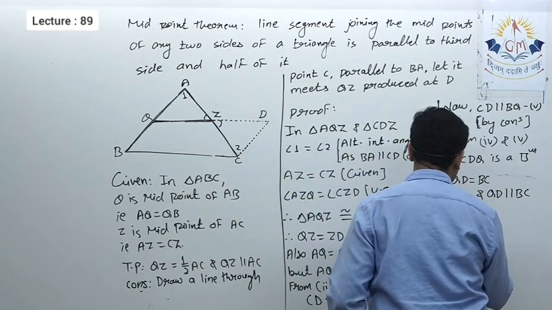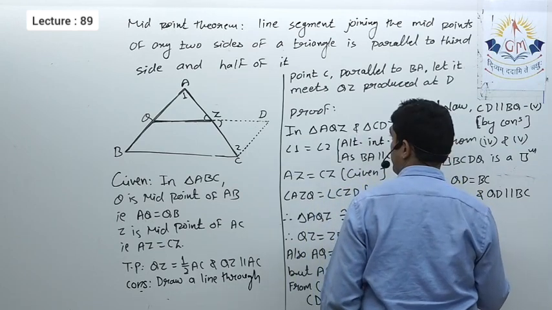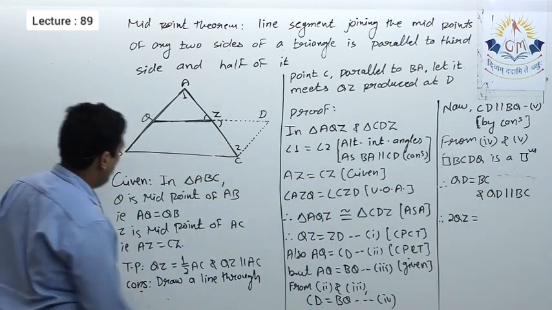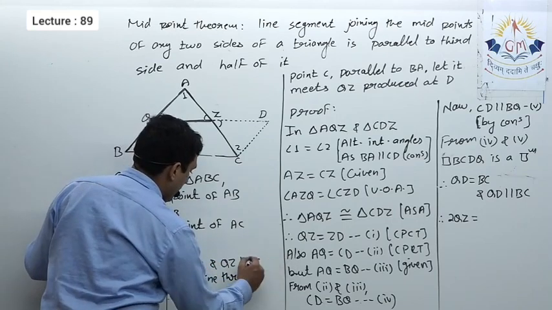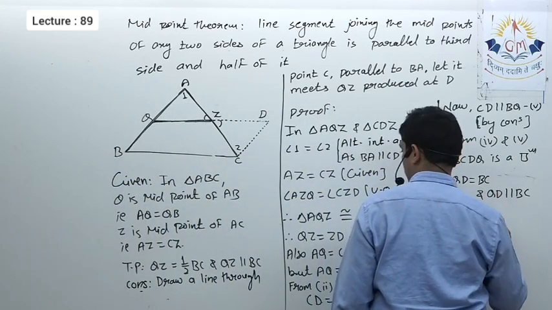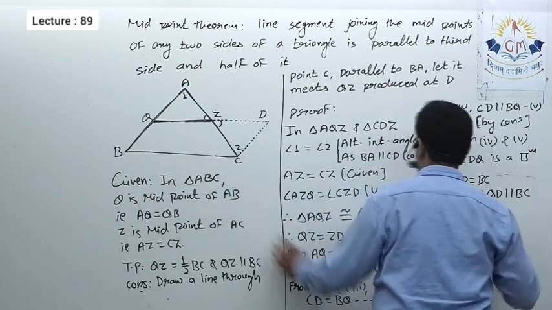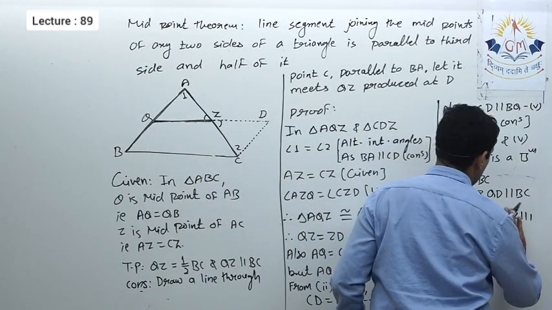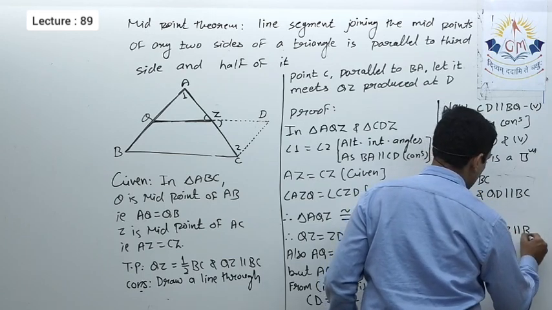So twice QZ, to prove QZ is half of BC, not AC. Similarly, here it is parallel to BC, not AC. So here twice QZ is equal to BC, and as QD is parallel to BC, I can say QZ is parallel to BC.